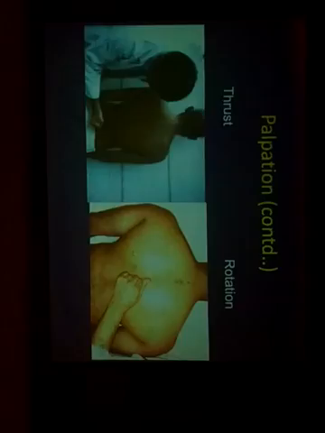There are two ways of eliciting rotational tenderness. One is to put the tip of your thumb at the base of the spinous process and try to rotate it. Or else you can catch hold of two adjacent spinous processes and rotate them in different directions, like here. Both maneuvers will elicit tenderness if it is present.